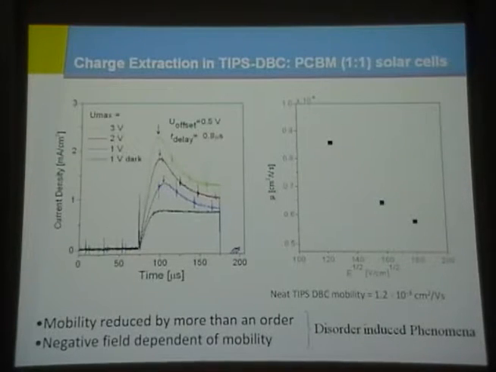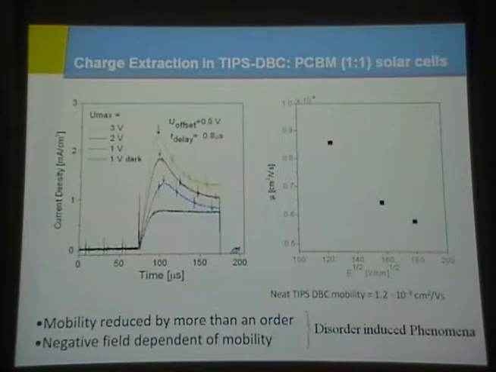And here I come to the details, because solar cell efficiency is anyhow governed by the bulk morphology and the bulk mobility of the blend, not the pure material. So to do that, we bring in the mobility measurements of the blend. This is a 1:1 blend with PCBM, exactly like in the solar cells.